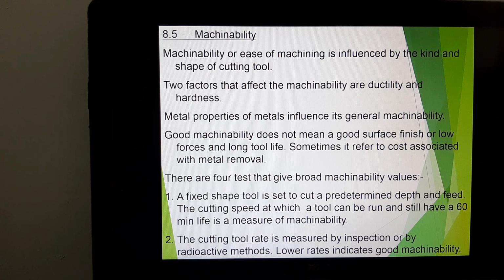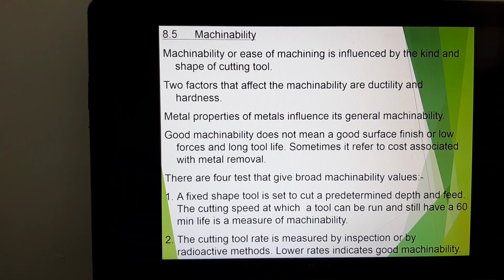When I say machinability is better when the material is ductile, do you agree with me? If your material is ductile and soft, machinability becomes a lot easier compared to when you're dealing with a hard or a brittle material. Like I mentioned earlier, good machinability does not only mean a good surface finish, low forces and long tool life. Sometimes it refers to the cost associated and the power consumed during a machining process.